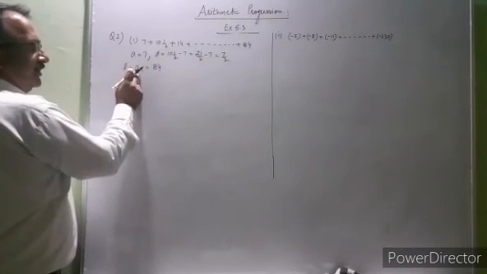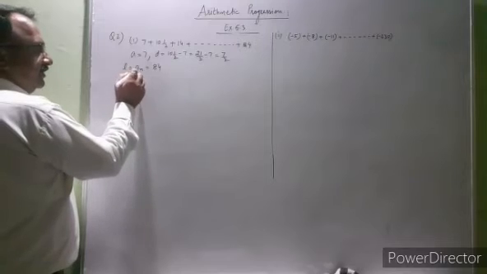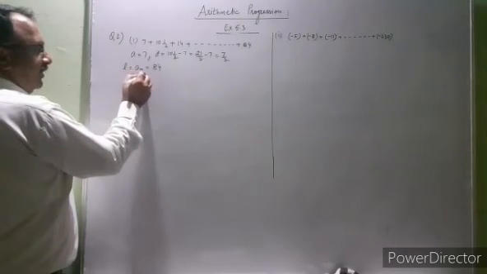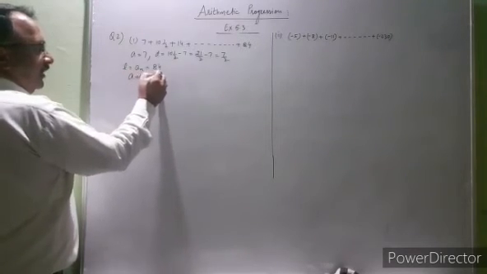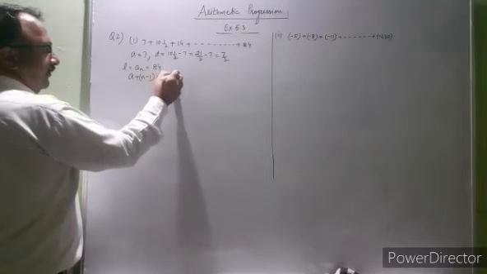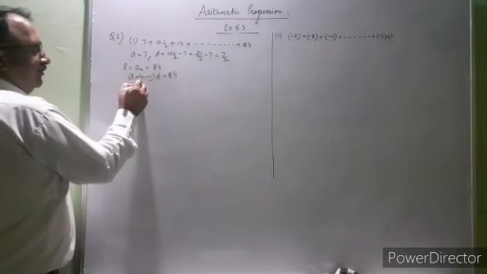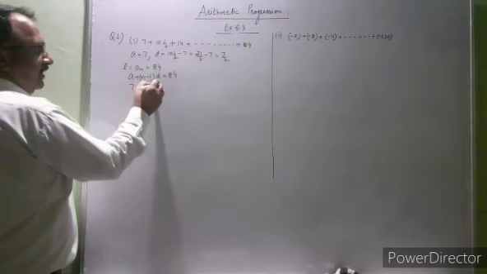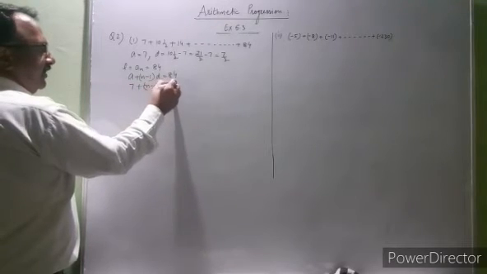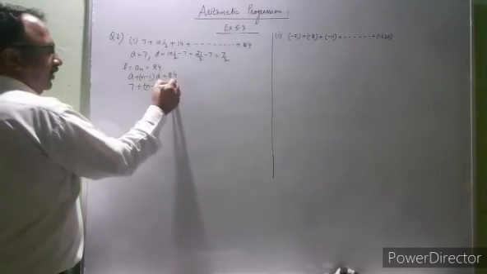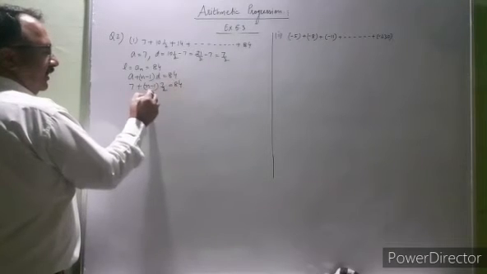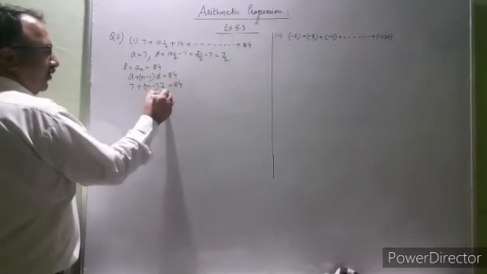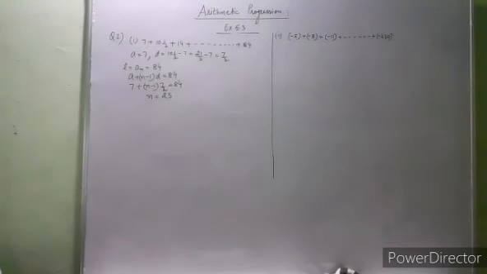Now use the formula for the nth term, the general term, to find out n. You will get 7 plus (n minus 1) times 7 by 2 equal to 84. n comes out to be 23.